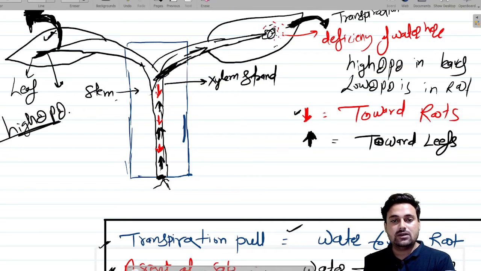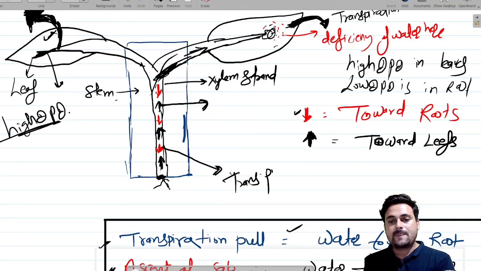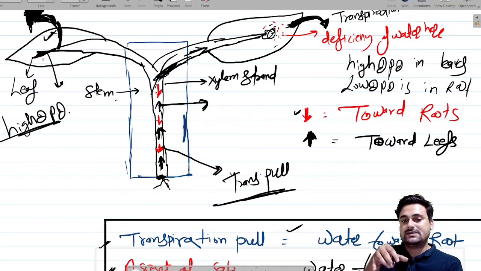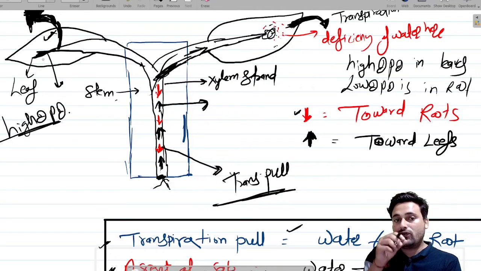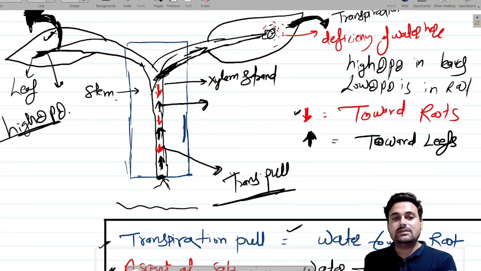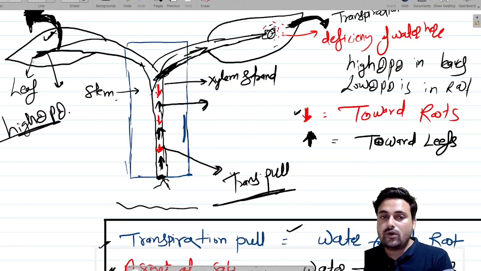As you can see here, this is showing ascent of sap, and this arrow is showing transpiration pull. Why pull? Because a deficiency is going on in the leaves. That's why, to fill up this void, water will come from the root area up to the leaf area. When there is no void, there will be no transpiration pull.